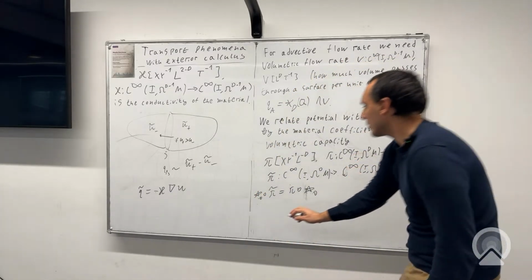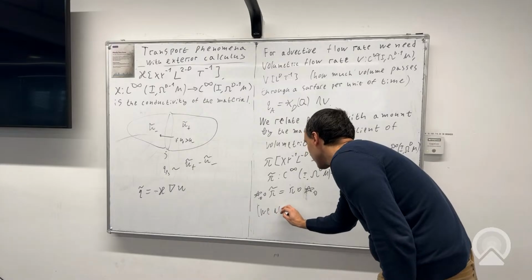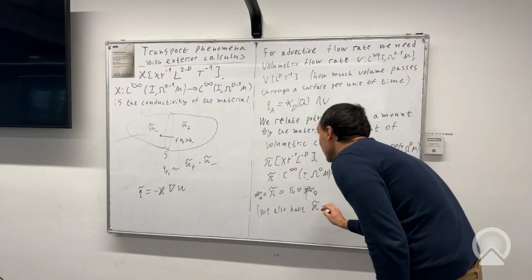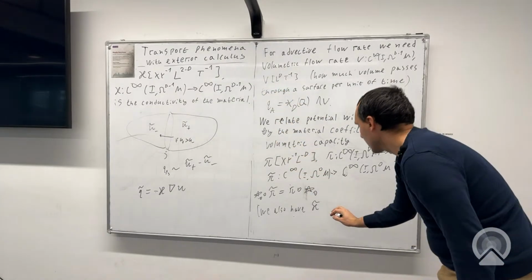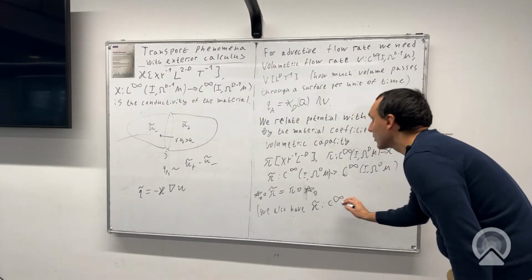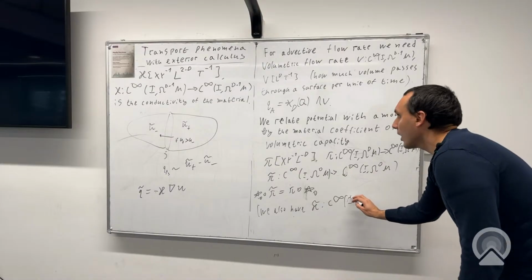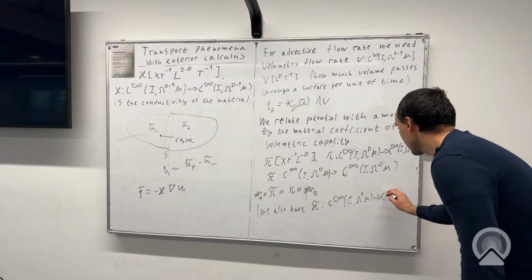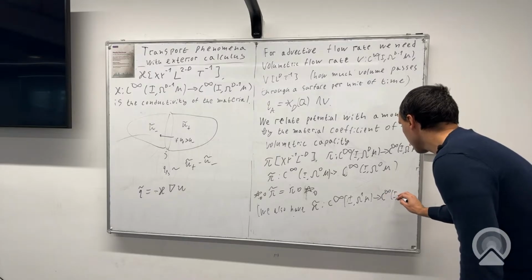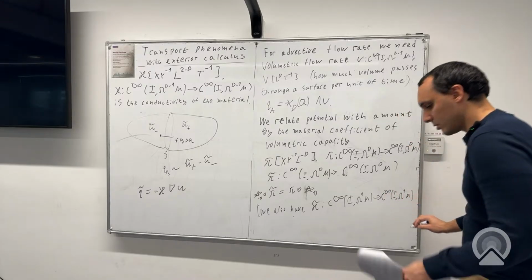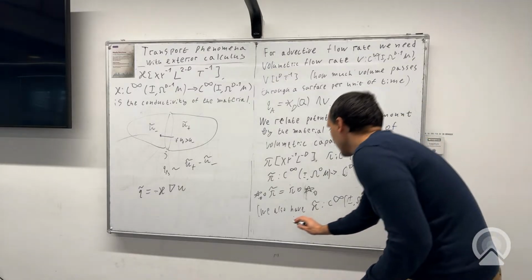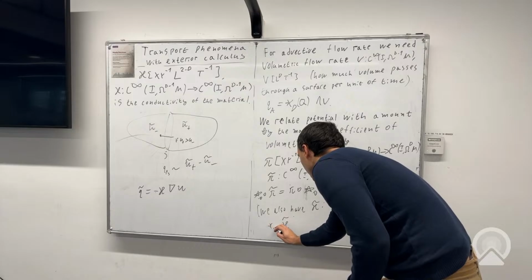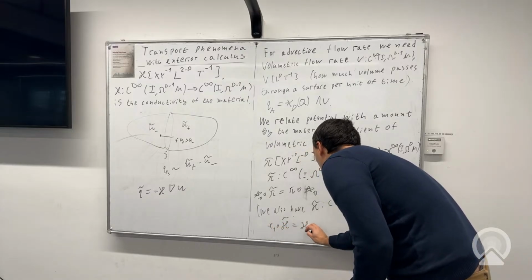I also forgot to say that we also have kappa tilde. This is kappa, but it becomes for omega 1 to omega 1. So kappa tilde is kappa composed.